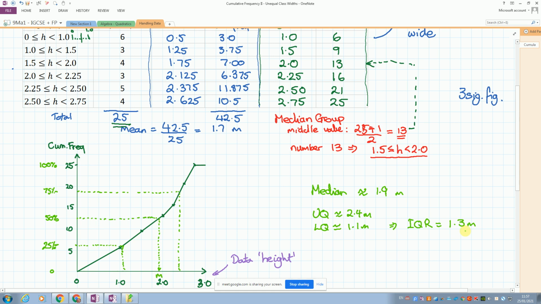Okay, they're the bits that I can do to find these values. Why is the IQR better than the range?